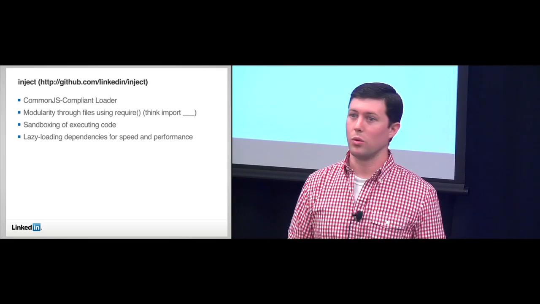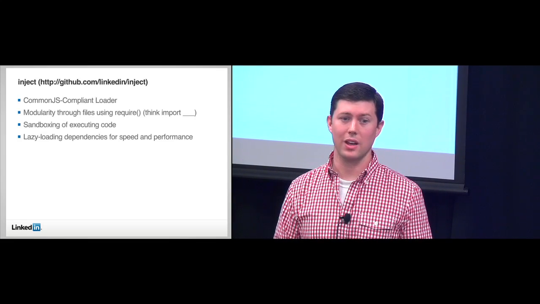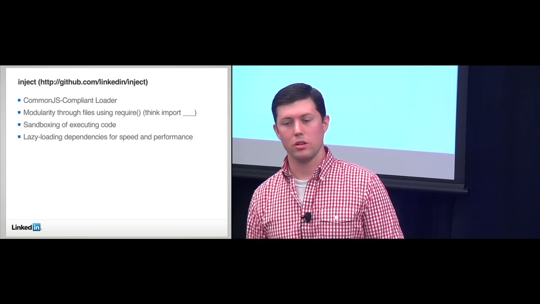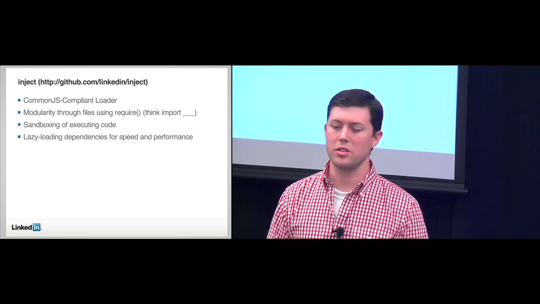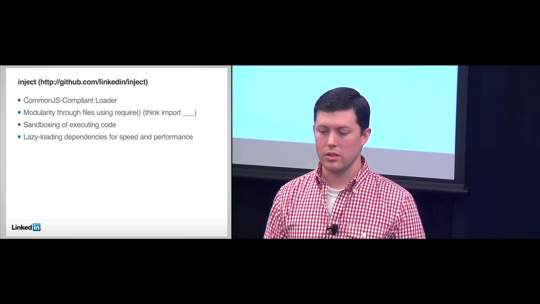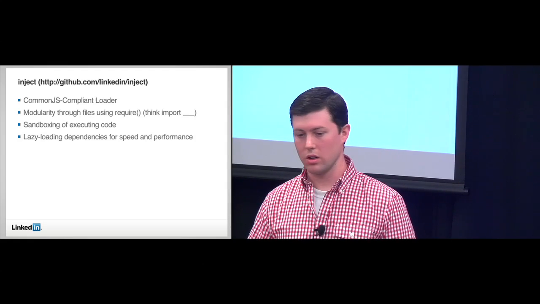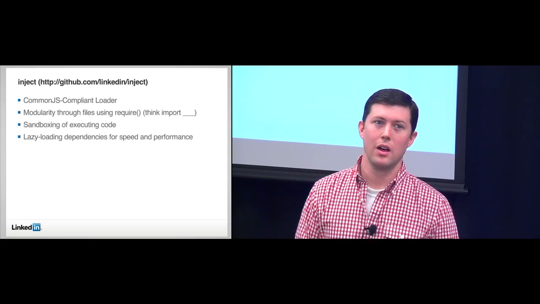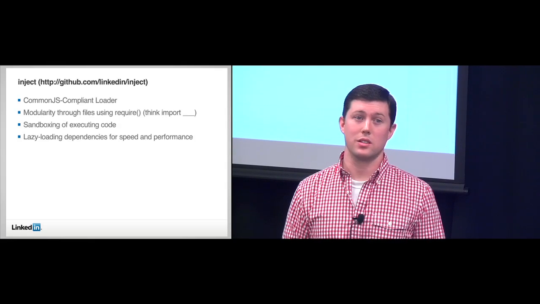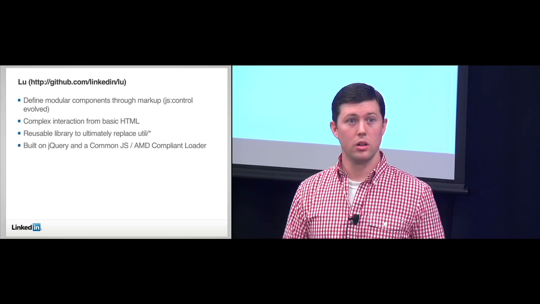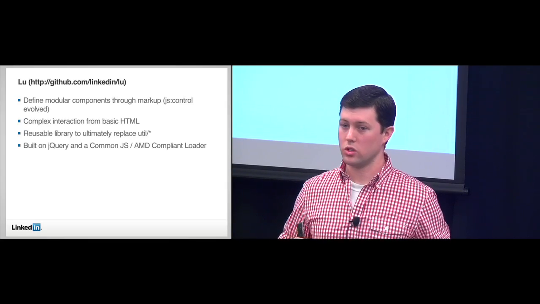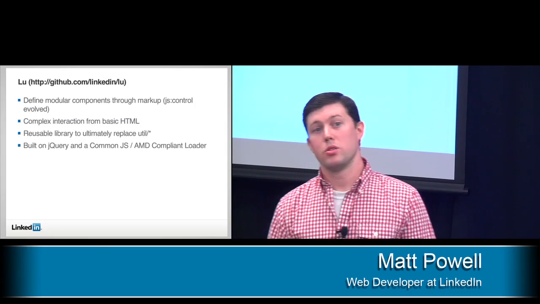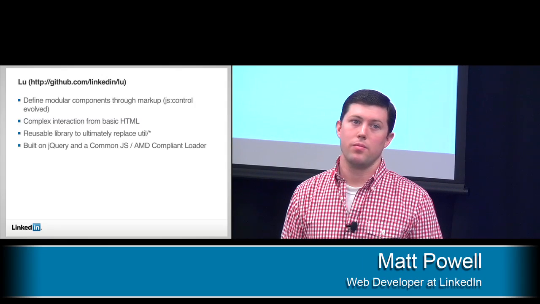You don't have to worry about any code getting out of hand and throwing errors and messing up your other code. And it will do a couple of performance-related things, like storing things in local storage and not loading in dependencies multiple times. And it actually works really nicely with what we're calling Loo, which is where we're moving JS controls to. So Loo is a way to define modular components through markup.